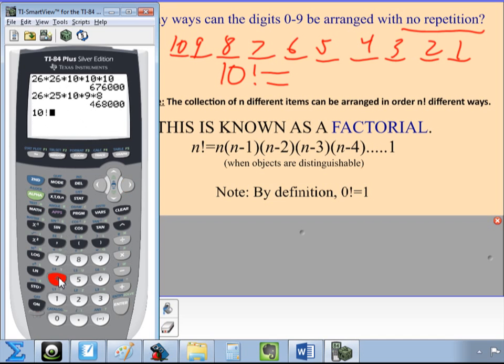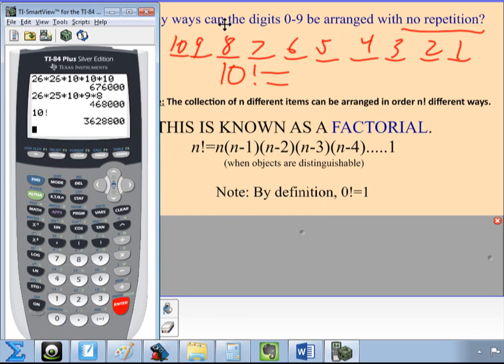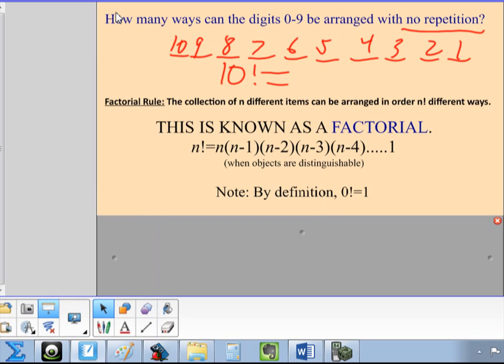So 10 exclamation point, which we read again 10 factorial, press enter, and it does that calculation for me: 3,628,800. On your scientific calculator, that button is usually there. See, it's here, so I would type in 10 and then n factorial, and I get the same answer. And we're going to use that a lot, so get used to it, make sure you know where it is.